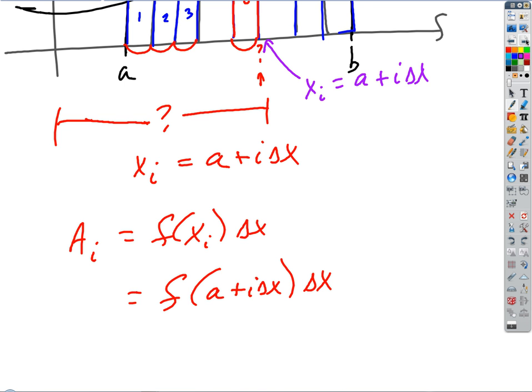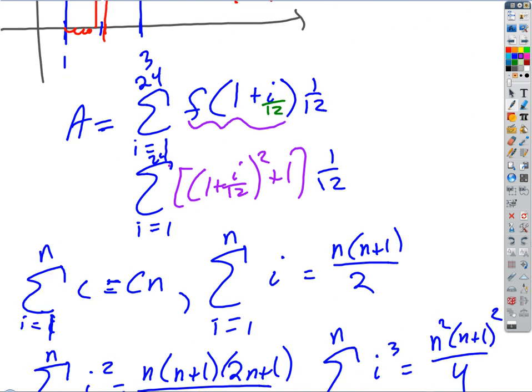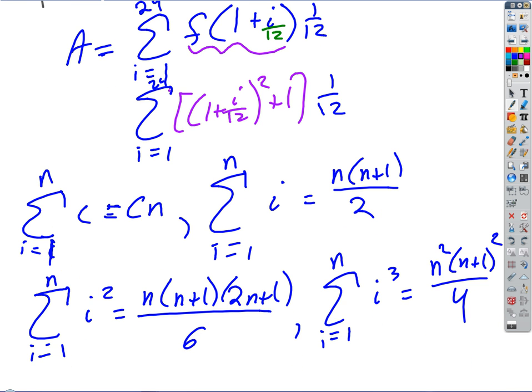And so we started to. Here's our function, n equals 24. We're going from 1 to 3, so delta x is b minus a over n, which gave us 2/24, or 1/12. Our function is x squared plus 1, so f of a plus i delta x, which was 1 plus i delta x for us, ended up being that quantity squared plus 1, which we began to FOIL out and add up.